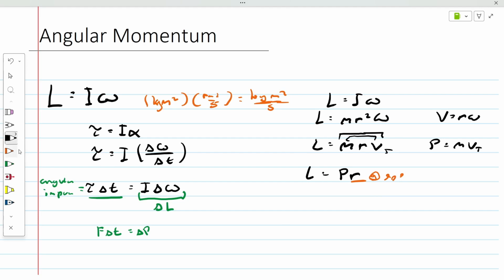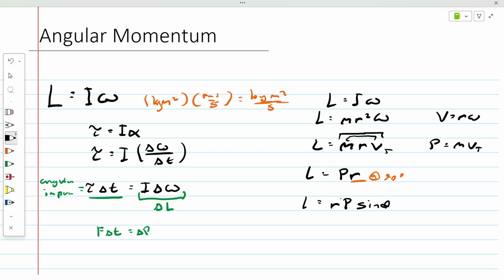But to account for when you're not applying the momentum at a perfect 90 degrees, you can say r times the linear momentum times sine of theta in between. But in most cases, you'll look at where it's perpendicular to the radius, so you won't need the sine of theta term because the radius is already 90 degrees from the momentum.